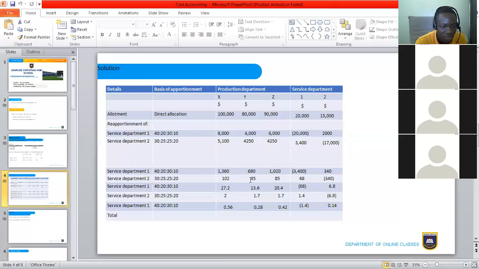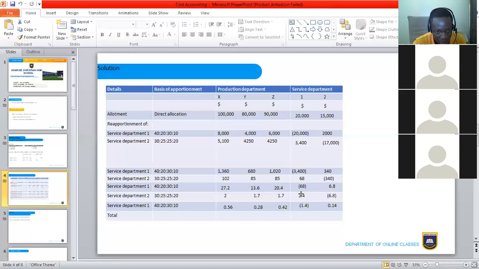We are not going to have 85 here, we are going to have 90. Then the 68, we are not going to have 68, but rather 70. Later on, you may go back to your textbook and solve more examples under the repeated method.